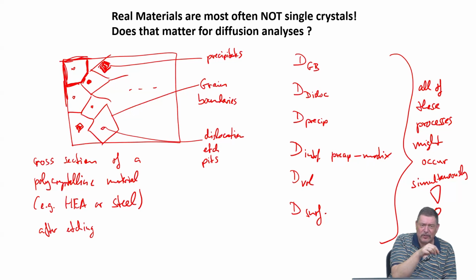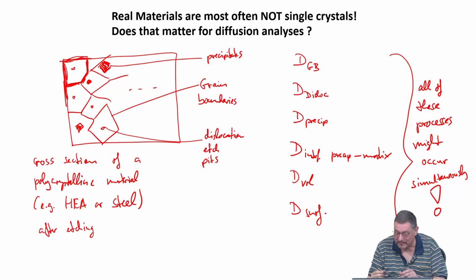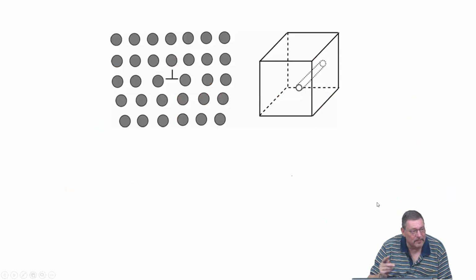I can tell you the grain boundary diffusion is not the fastest. So you can be confident in saying, no, it's not true. No, it's the second fastest. The fastest actually is diffusion along the free surface. So this is the fastest process. Excuse me?